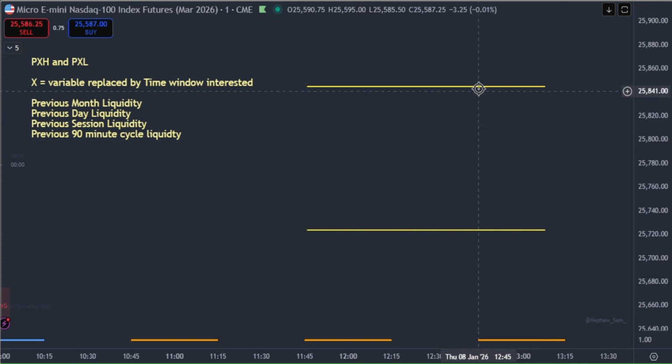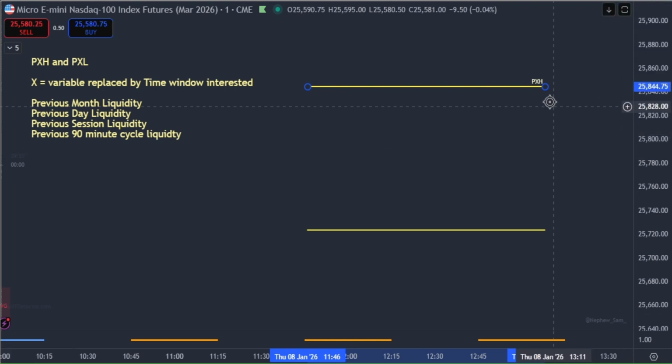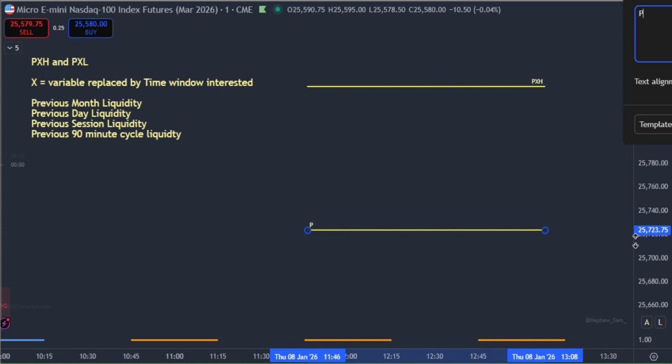So this top line is your PXH. And again, this could be your previous month if you're swing trading. If you're scalping, it can be your previous session or your previous 90-minute cycle. And this is the low, PXL.